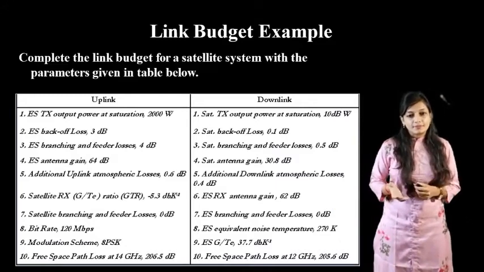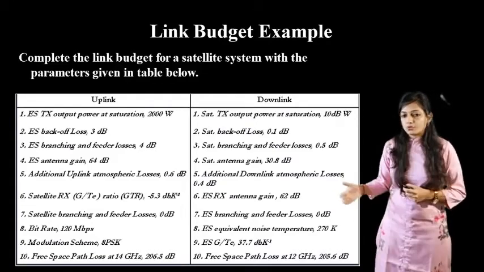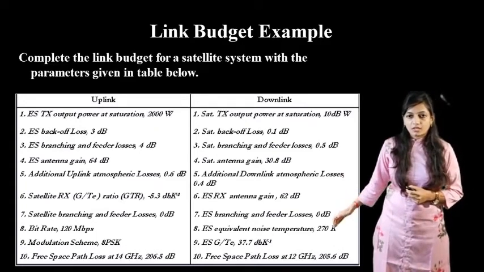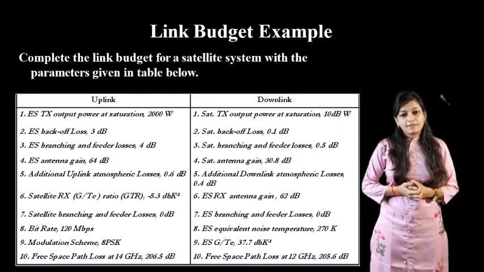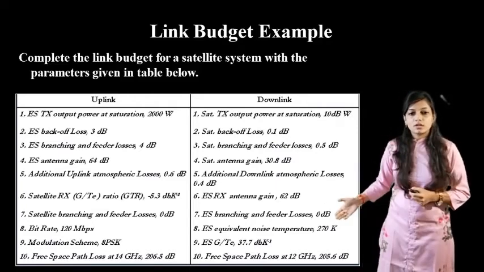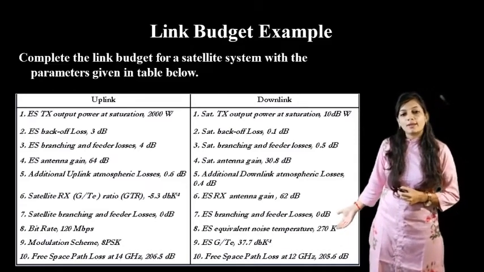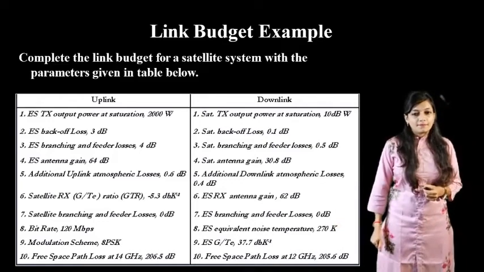Then what is the bit rate? For uplink, it is 120 Mbps, and the modulation that we are going to use is 8 PSK, phase shift keying, right? And the free space path loss at 14 gigahertz, that is (4πR/λ)², is 206.5 dB.